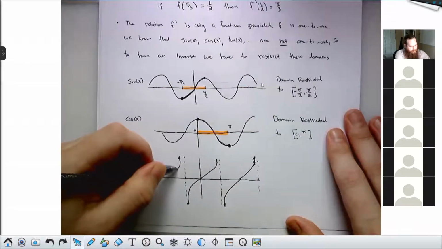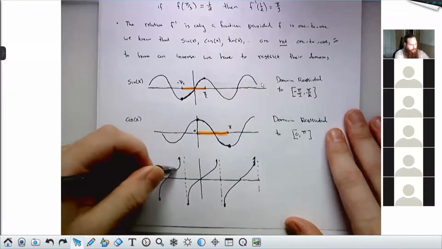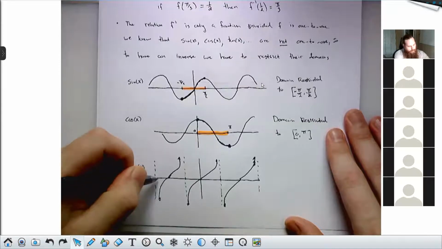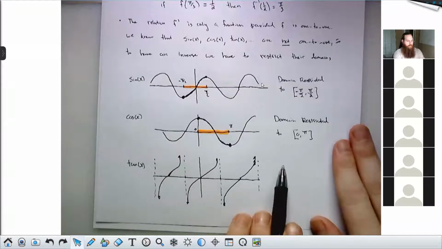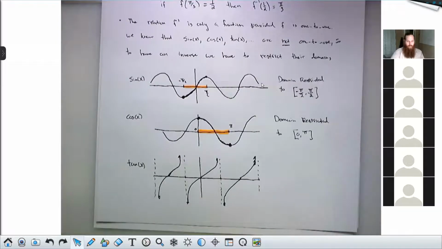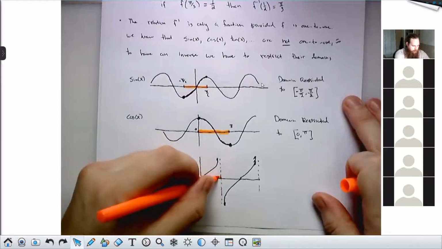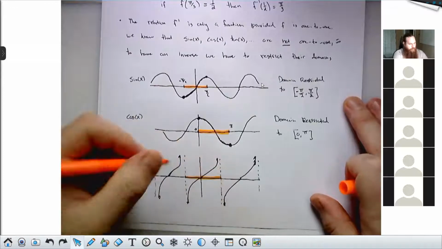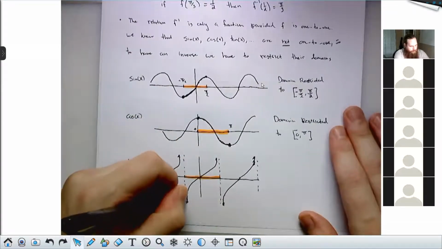So it's the same business over here. And this is, again, not 1-to-1, right? It fails the horizontal line test, unless you restrict from here to here. If you just take that piece, it is 1-to-1.